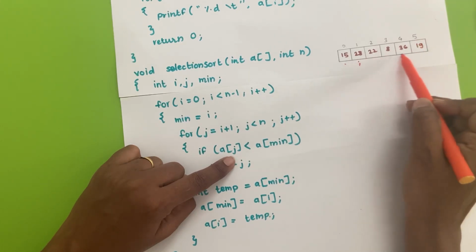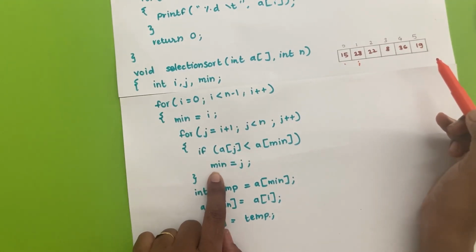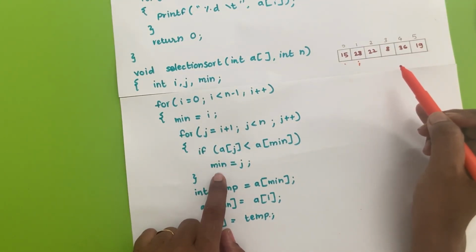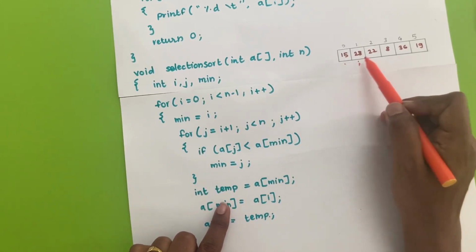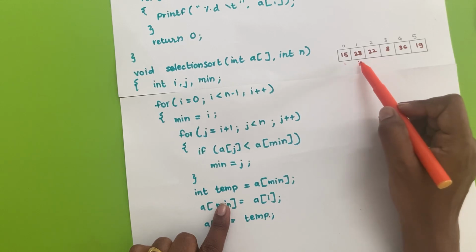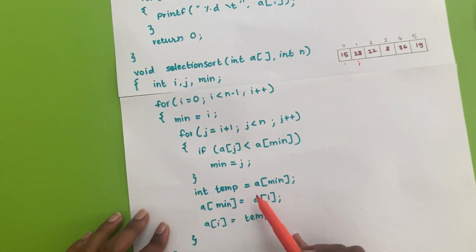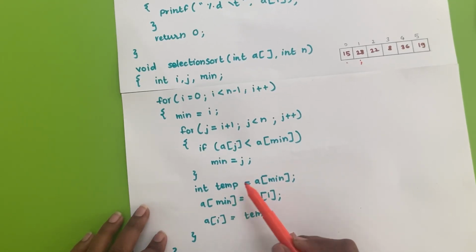Okay, so if we get the smallest element from this, then its index will be stored as min, and that will swap the position of the minimum element with the previous minimum element. Okay, so the swapping will be done with the help of this temporary variable code.